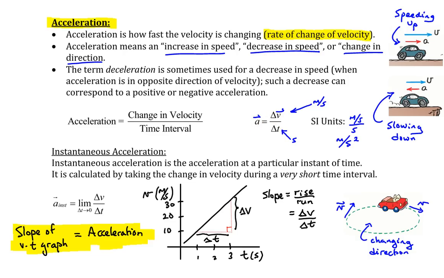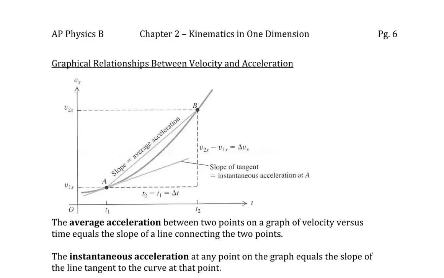Take a look at the next page in your notes. To distinguish between average acceleration and instantaneous acceleration, if you take the slope of a line between 2 points on the curve of the velocity versus time graph, so this particular line right here, it's basically a chord, you're getting the average acceleration.